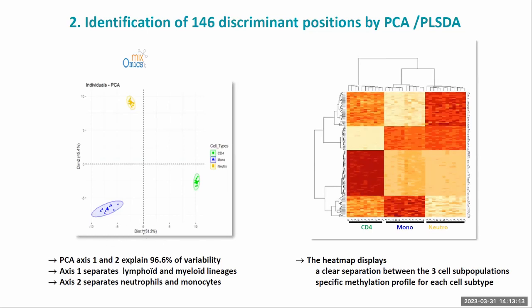And the most important is that the first two axes of the PCA explain more than 96% of variability between the samples. The heat map displays this clear separation between the three cell subpopulations, and also displays a very specific methylation profile for each cell subtype.